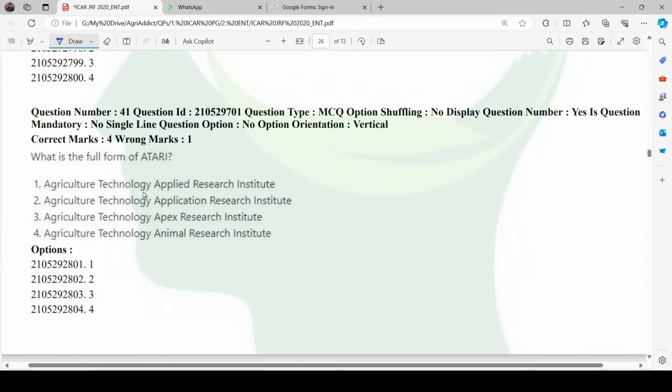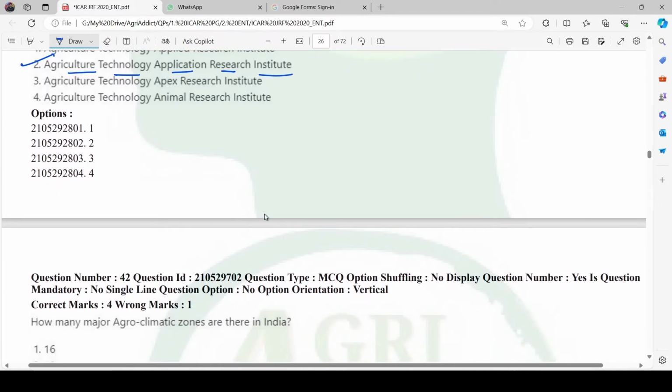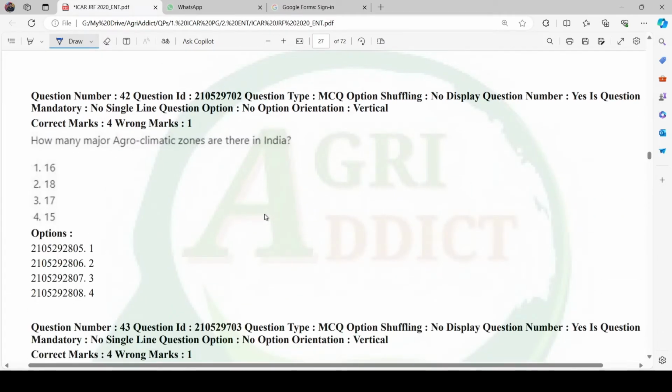The next question is ATARI. What is the full form of ATARI? So ATARI is Agricultural Technology Application Research Institute. That is option 2. Several ATARI centers are there in our country. How many major agroclimatic zones are there in India? Very simple question. It is 15.